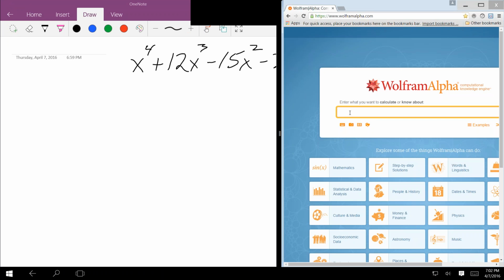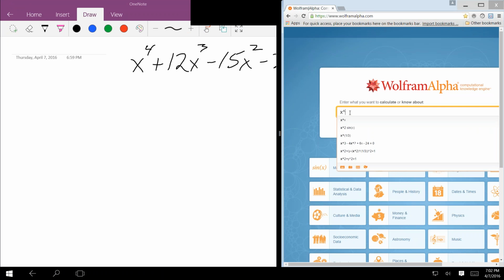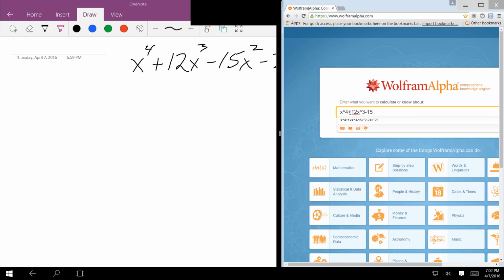Okay, let me put this in. I can put it in as x to the 4th plus 12x to the 3rd minus 15x squared, minus 24x plus 26.